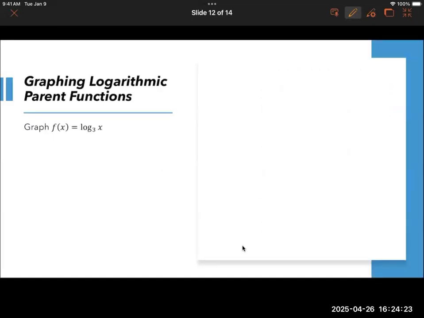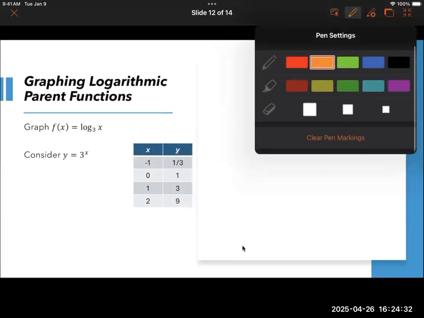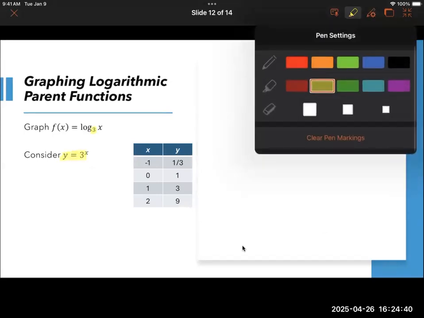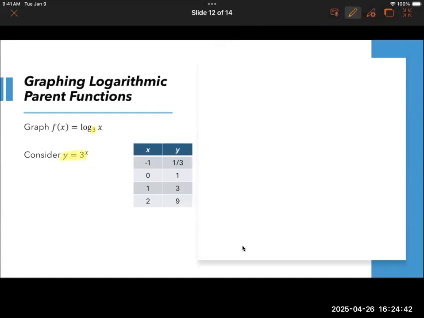So again, if you're being asked to graph a logarithmic parent function, I would really say figure out what your base is. So identify your base and then consider what is that in exponential form. Come up with a few key points from the exponential function.